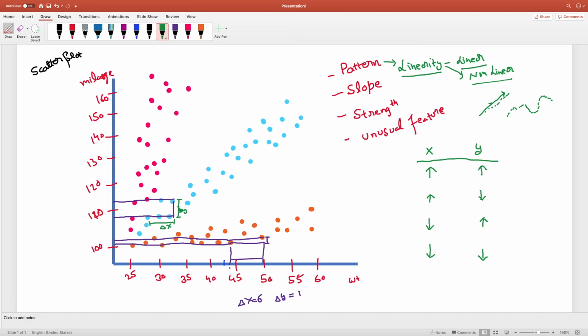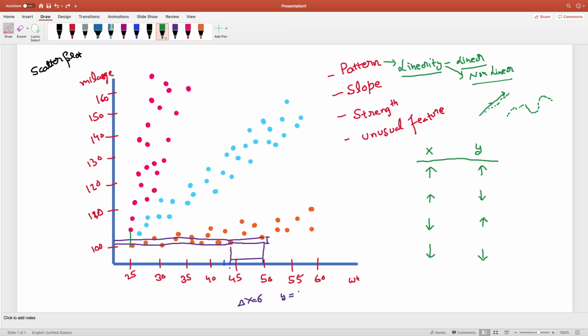Now I'm going to delete all this stuff so that there will be no chaos over here. Now just think about this point versus this point. Delta y is greater than delta x, or if I just pick up for that matter this point.